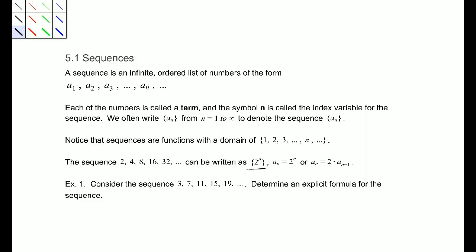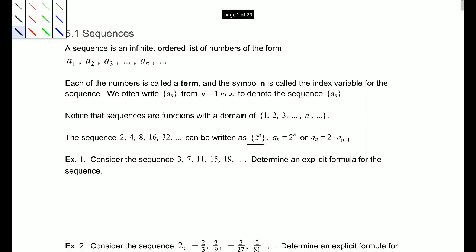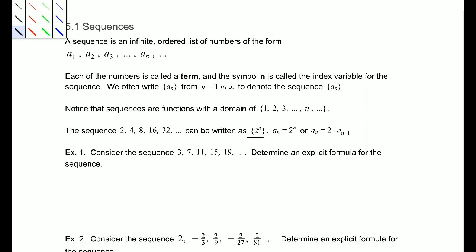So let's go ahead and look at a sequence here, 3, 7, 11, 15, 19. Write an explicit formula for this sequence. All right, so to begin, a sub n equals, our first term is 3, and it appears that it is increasing by 4 each time. So this is plus 4 times n minus 1.